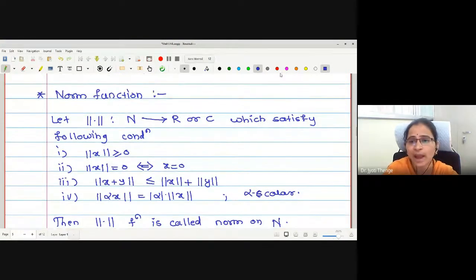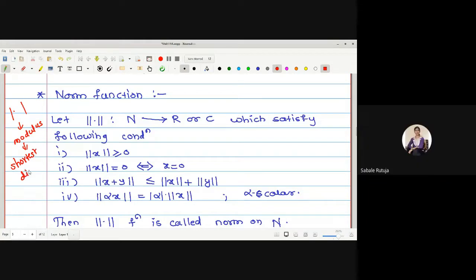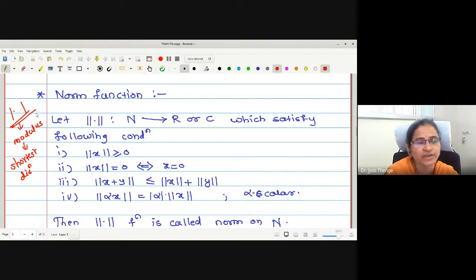First thing, why is the symbol used like this, double bar? Double vertical bars are used. Previously we have used the symbol of modulus, right, in order to find the shortest distance. But that symbol is a very limited concept of finding the distance between 2 points.